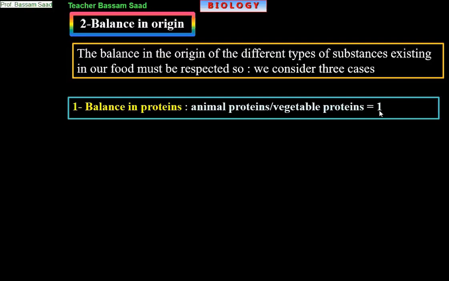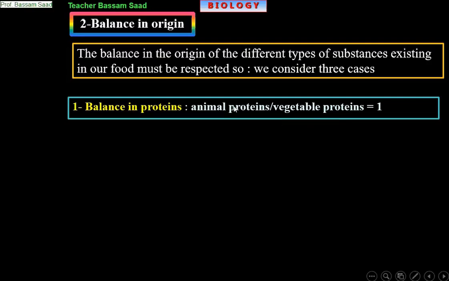It means the mass of animal protein must be equal to the mass of vegetable protein once you eat. In other words, if you find that the mass of proteins an individual must eat is approximately 300 grams, those 300 grams must not be only of plant origin and not only of animal origin.